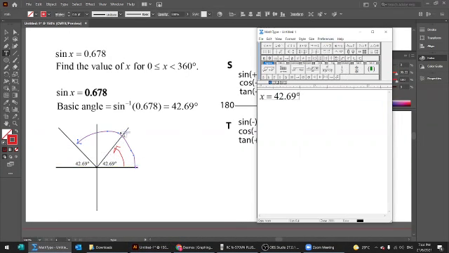You take 180 minus 42.69 degrees. What do you get? 137.31. So this is your final answer.